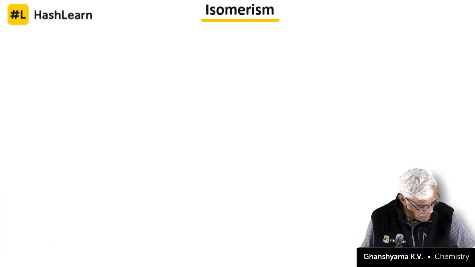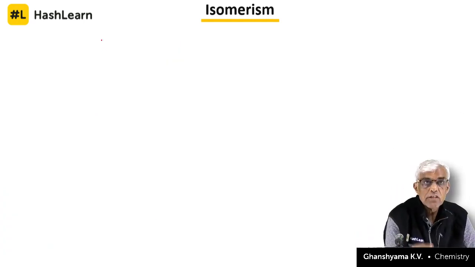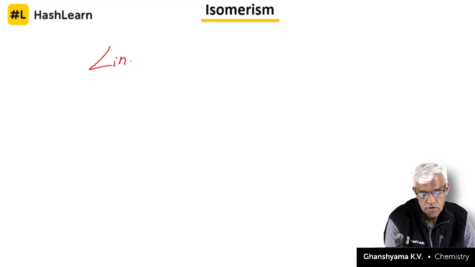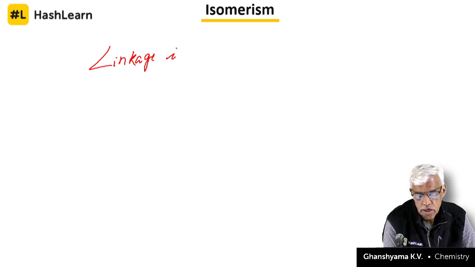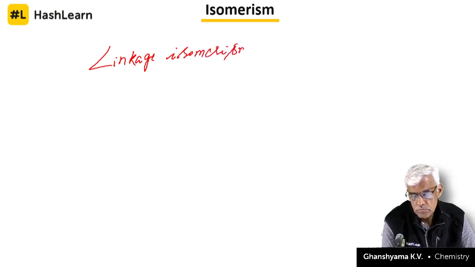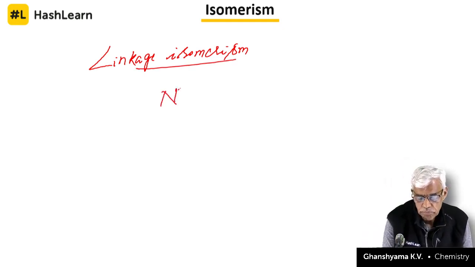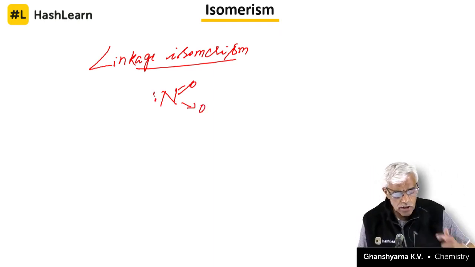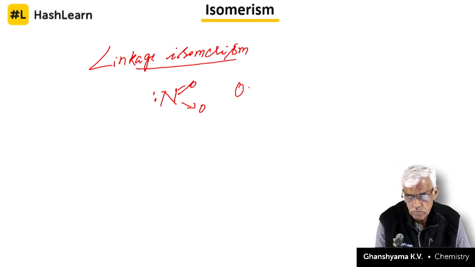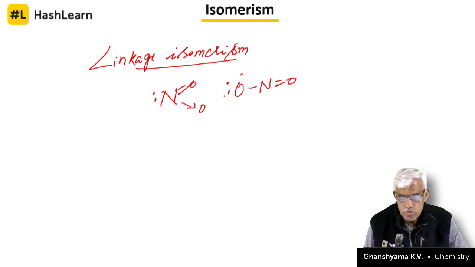I explained ionization isomerism. We shall go to linkage isomerism. I will take another 2 or 3 minutes. Linkage isomerism. You already know that in nitrito, N has got the lone pair, O has got the lone pair.